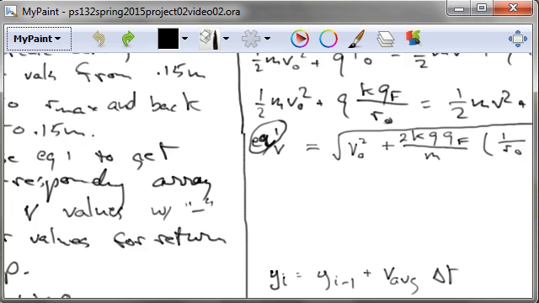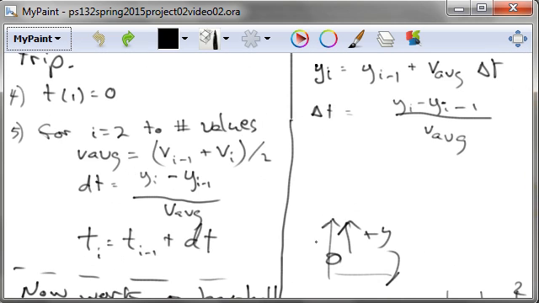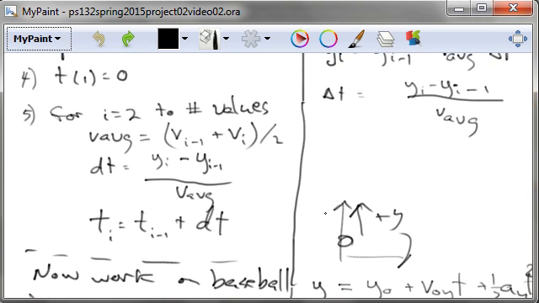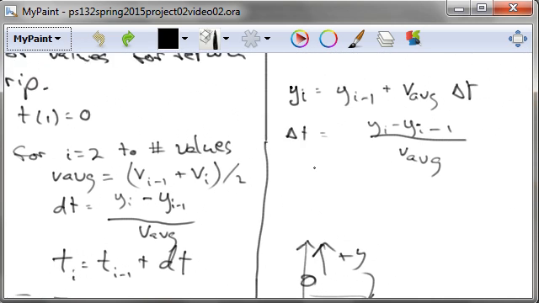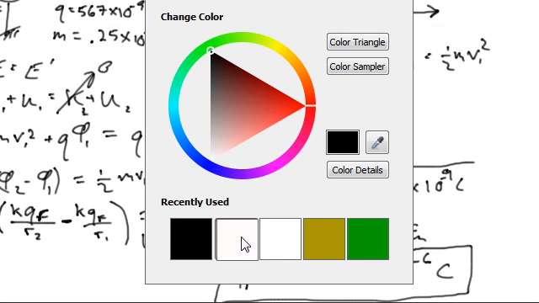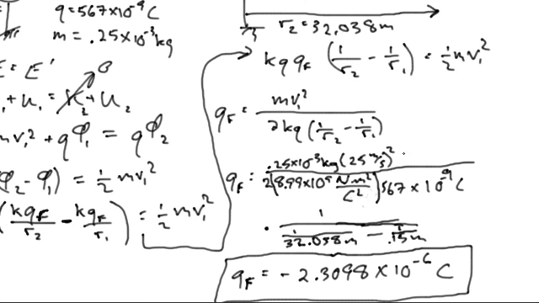Yeah, mixing up R and Y. Now work on the baseball. So let's go back and fix that up. So these should be R's over here, and try to turn those into R's.